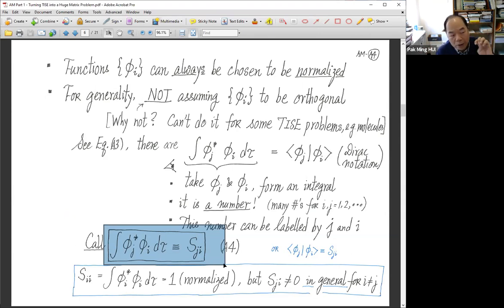We can always do that. However, orthogonal, pay attention here. I'm not assuming the basis functions to be orthogonal here for a good reason. Sometimes in quantum mechanics problems, I really need to choose some basis functions that are not orthogonal.